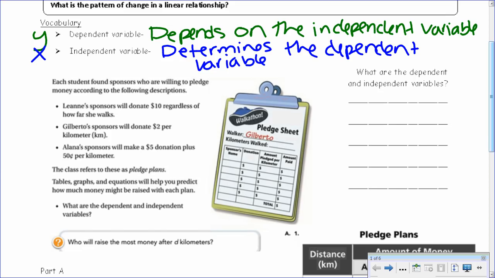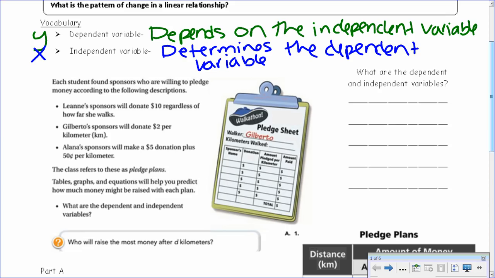And so say I were to run in one of these events, I would make a deal with the people that are sponsoring me, and we'll find a price. And say, hey, however many miles I maybe run or walk, whatever I decide to do, that person and I have to be on an agreement for how much they're going to give me. So that motivates me to walk as much as I can because I want to raise as much money as I can.